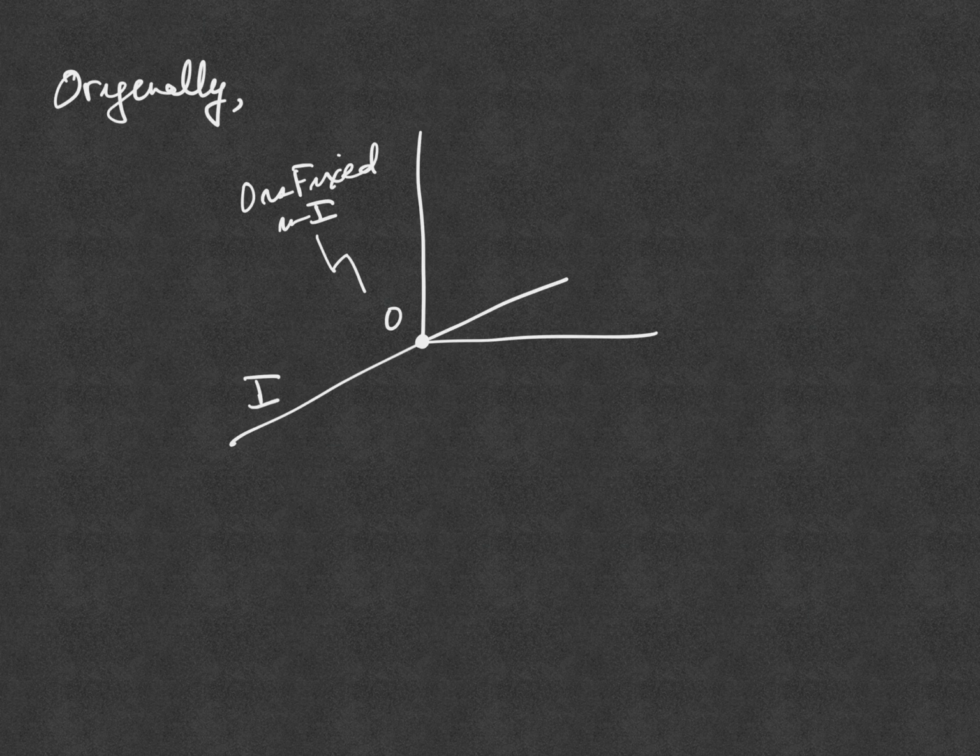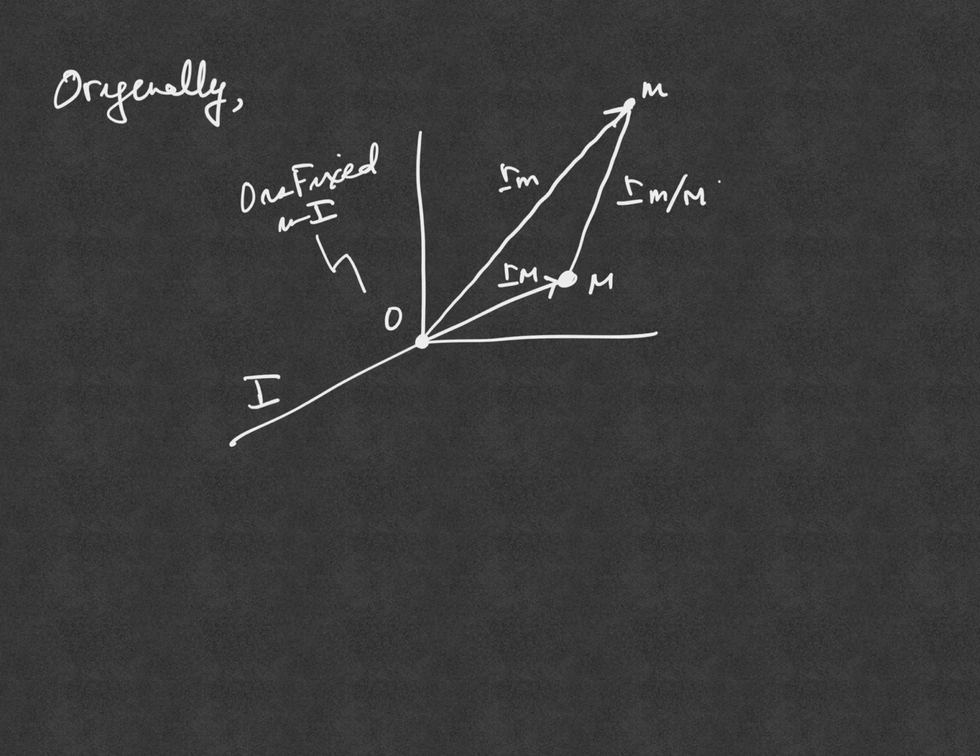And then we had these two objects. We had little m, big M, and then we had the position of the spacecraft relative to the central body. So here was M, and here's little m, and this was the position of big M, and this is the position of little m, and this was the position of little m relative to big M, which was just equal to r.